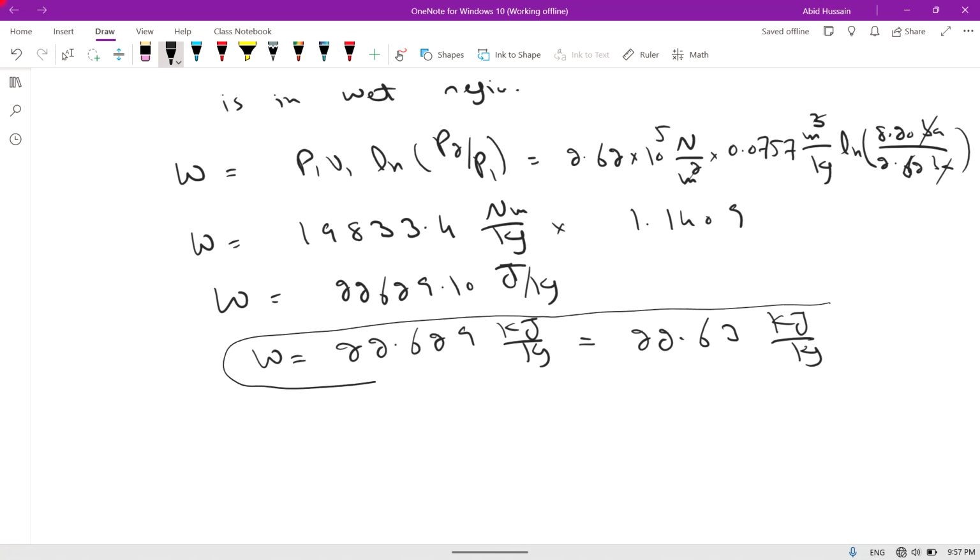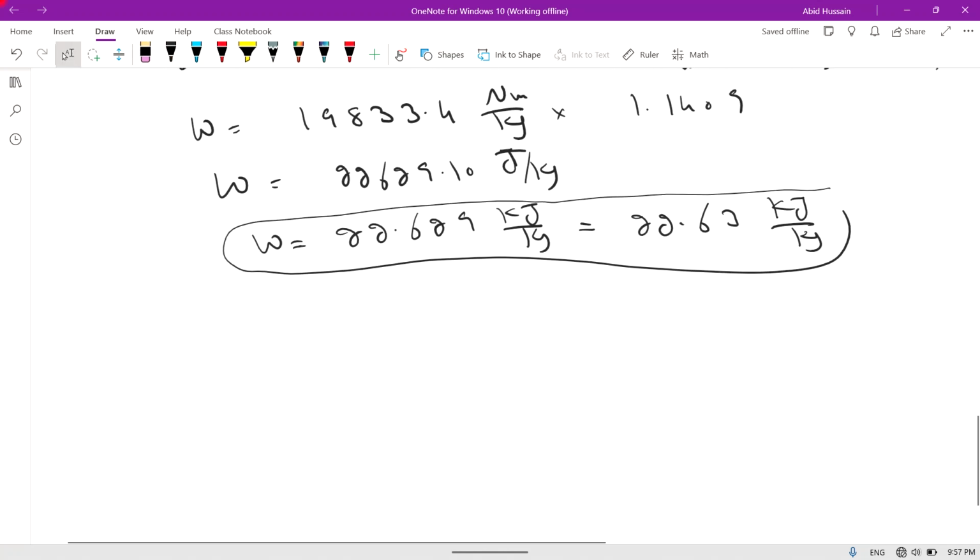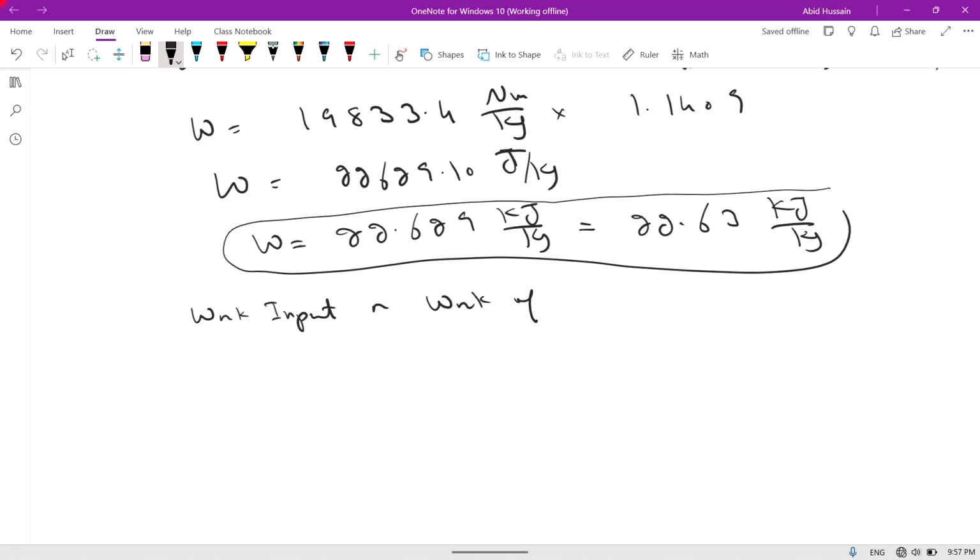The positive sign means that this is work input, or work of compression, or work done on the system.